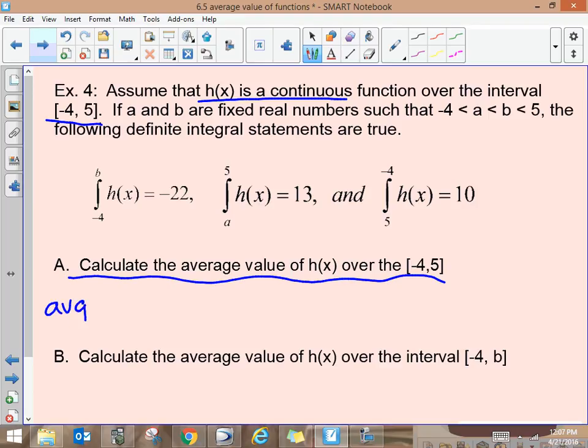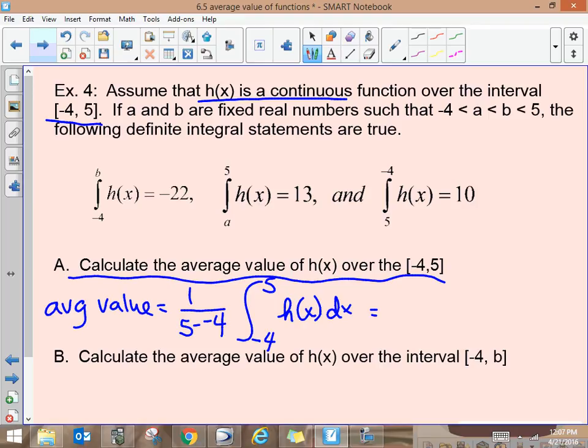Average value equals 1 over 5 minus the -4, times the integral from -4 to 5 of h of x. Okay, so this is what we want to know. And they only gave us that kind of information. So let's see if you can figure it out.